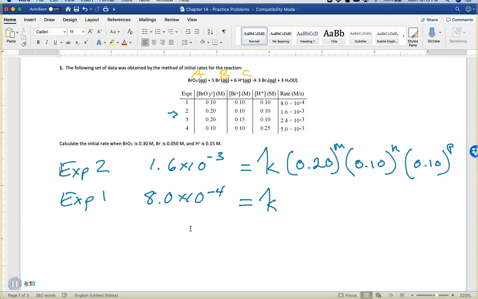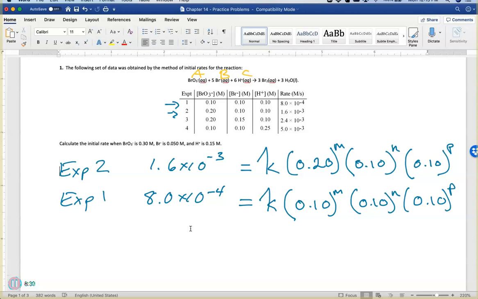I'll always tell you if the temperature changes. So that k will remain constant. But the concentration of BrO3 minus in experiment 1 is 0.10, raised to the same exponent, and then we notice for the other two reactants, nothing changes compared to experiment 2.